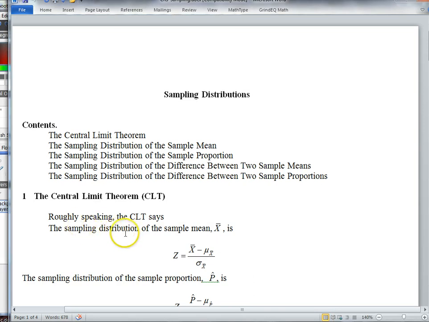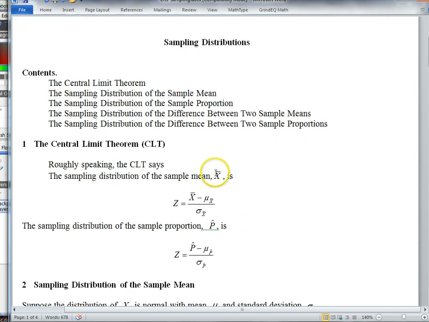So a central limit theorem, roughly speaking, we talk about X bar now, so a sample of random variables, and if you take that X bar, subtract its mean, divide by its standard deviation, that's going to be a Z, or standard normal. Same thing for P hat. P hat is the proportion, so you start with a binomial distribution.